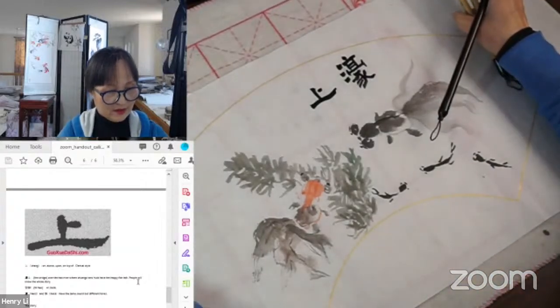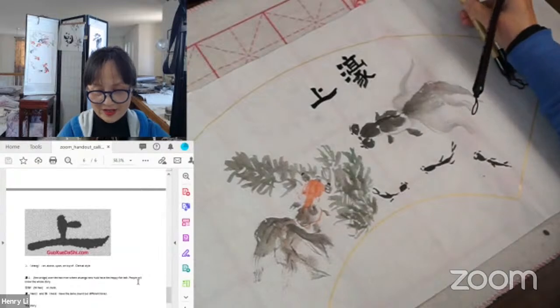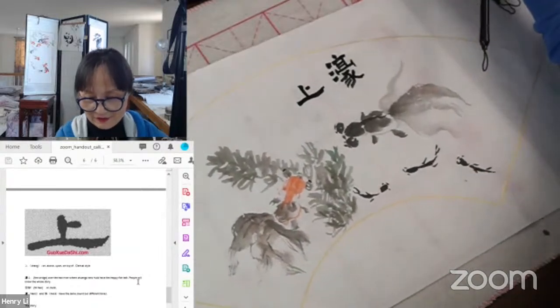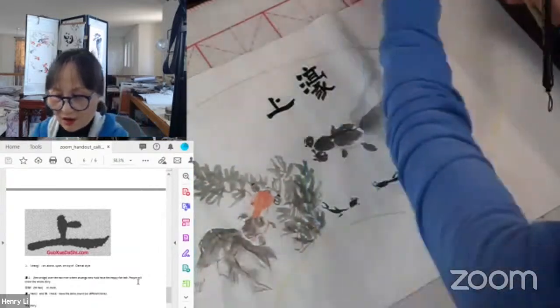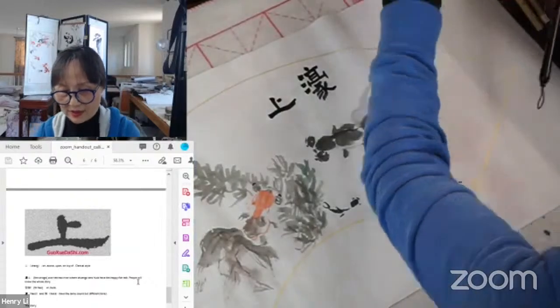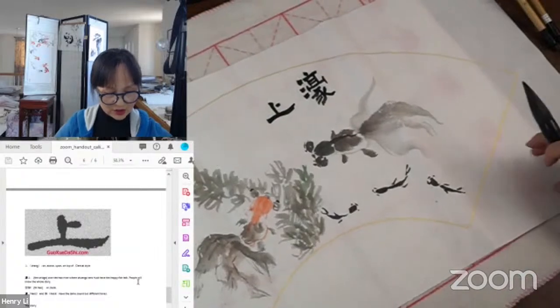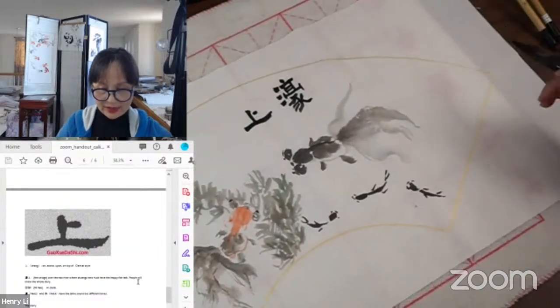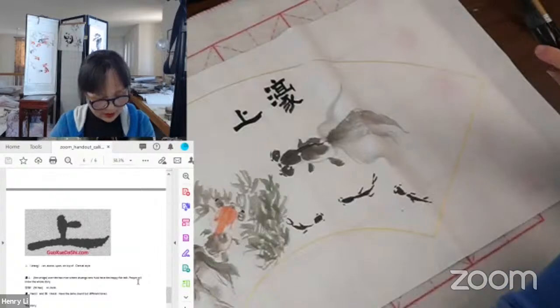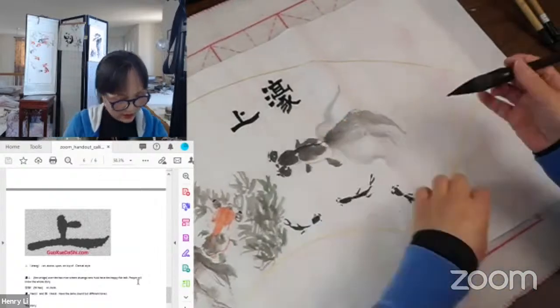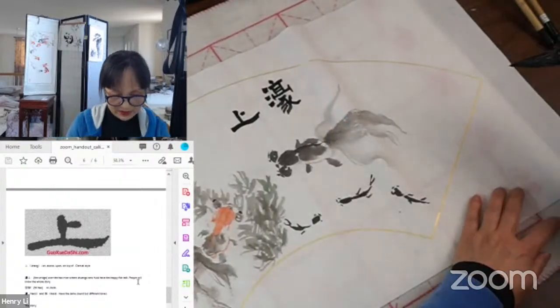That's the subject matter of the painting, over the river, which means the story comes from Zhuangzi's story, and I mean it is really big.